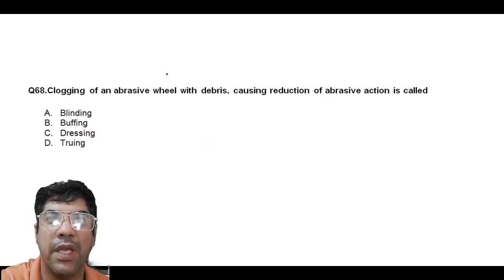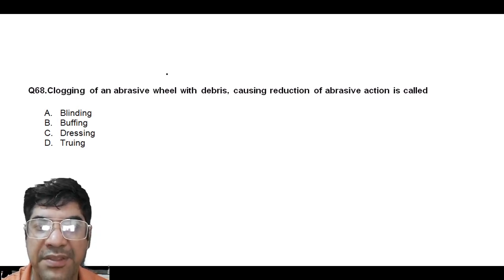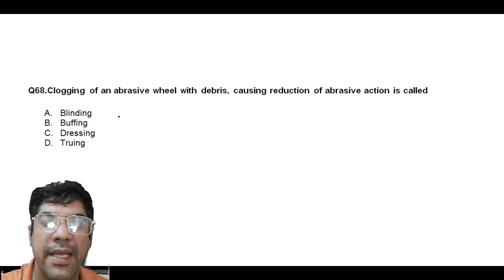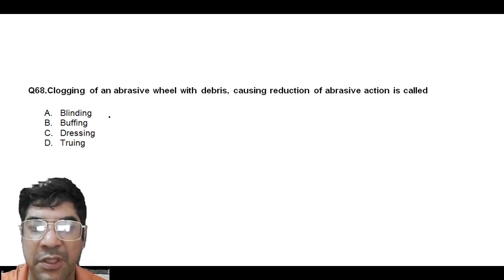Next question: the clogging of the abrasive wheel with debris causing reduction of abrasive action is known as blinding. Blinding refers to clogging of the abrasive wheel with debris during its use.